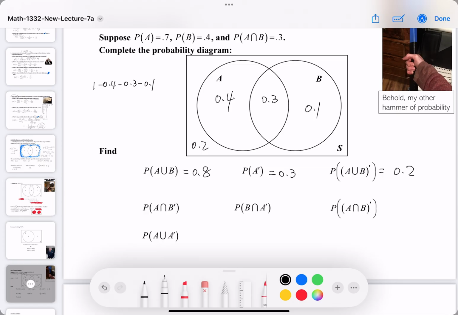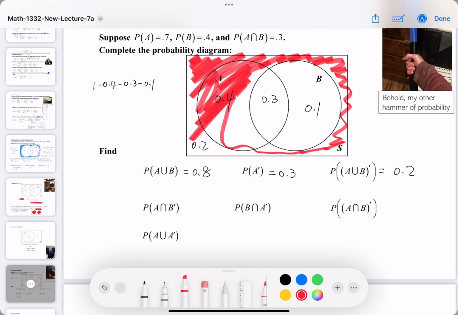Okay, what is the probability of A and B prime? So what is the B prime? B prime is the area here, but not B. So it is a section here. So I'm using this area to intersect A, because it is A and B prime.